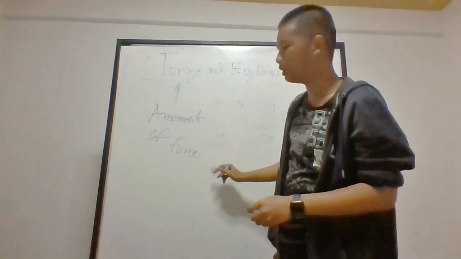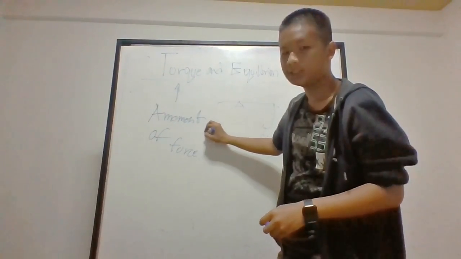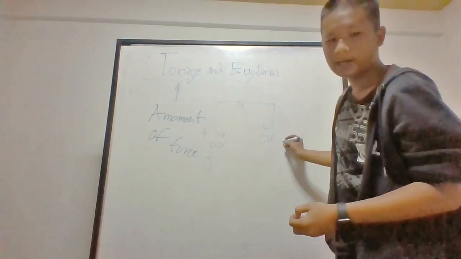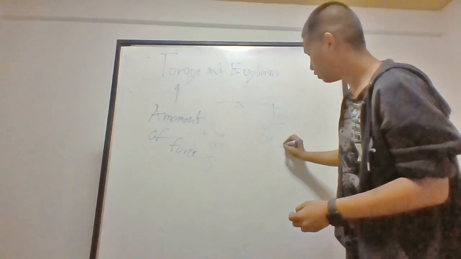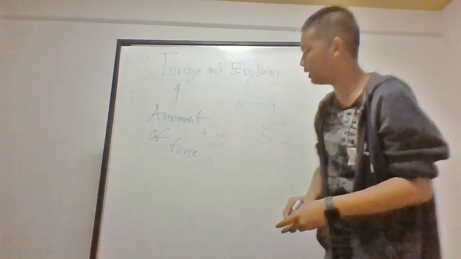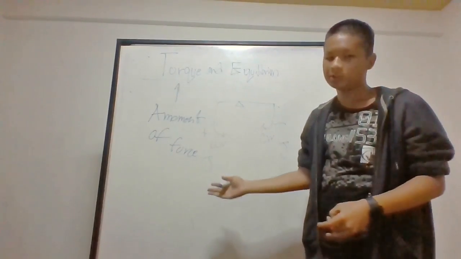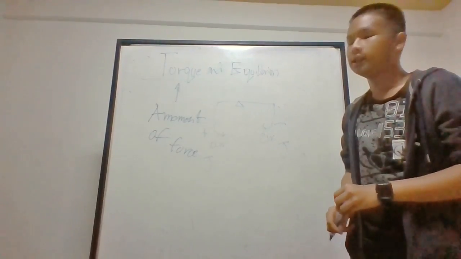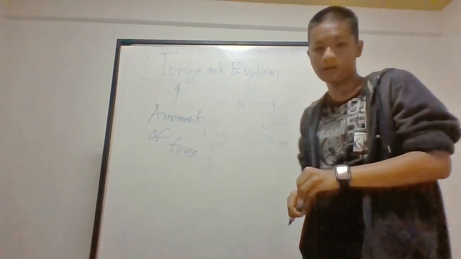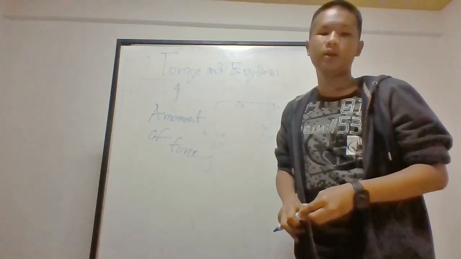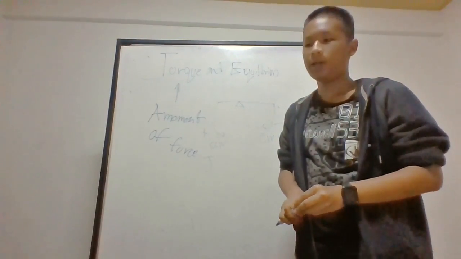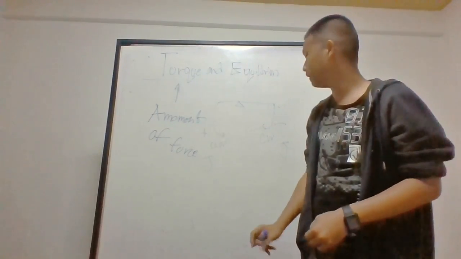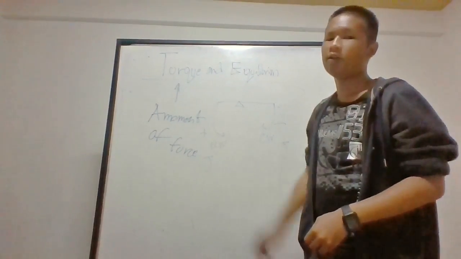The counterclockwise torque we put as a positive torque, and clockwise torque is a negative torque. It's kind of weird that they put counterclockwise as positive and clockwise as negative, but let's go with it. Next I will give you an example of an equilibrium of torque that uses this seesaw formula.